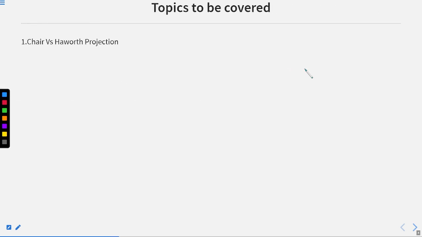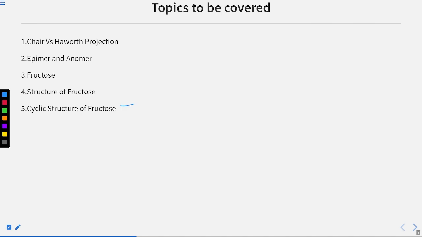Looking at the detailed topics, first we will see what the chair form and the Haworth projection are, and the resemblance between both. Then we will see what epimers and anomers are. Although I have shown you what anomers are, I will show you more about it today. Then we will move to fructose, which is also a monosaccharide. We will see the structure of fructose and the cyclic structure of fructose.